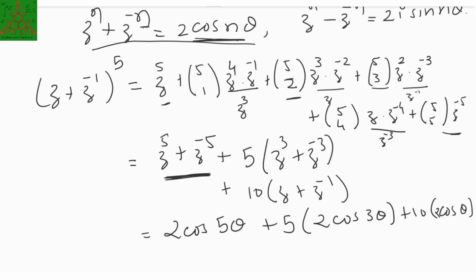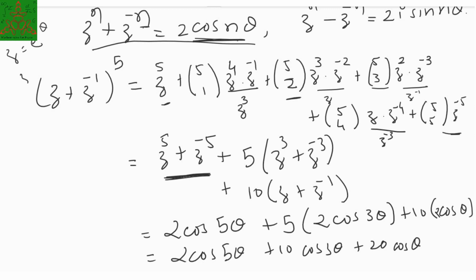And so you can simplify this. We can have 2 cos 5 theta plus 10 into cos 3 theta plus 20 into cos theta. And on this side, what is z plus z bar? If z is e raised to i theta and z inverse is e raised to minus i theta, so here n is 1 actually.